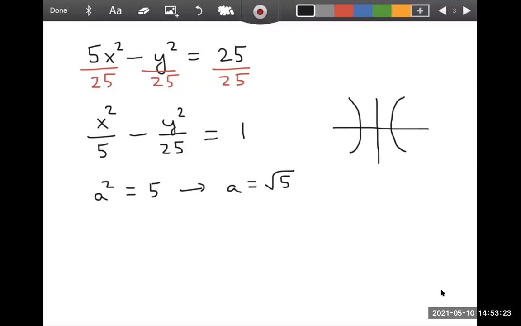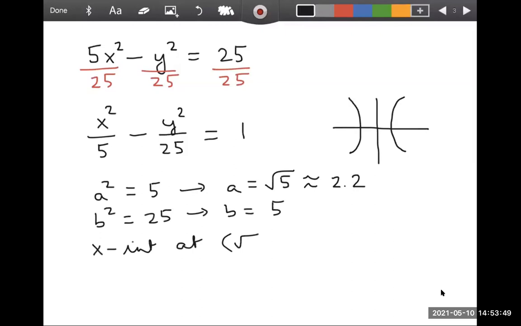The square root of 5 is about 2.2, because that's where my x-intercepts are going to be. b squared is 25, which means b is 5. All right, so this time the x-intercepts are going to be at (square root of 5, 0) and (negative square root of 5, 0).